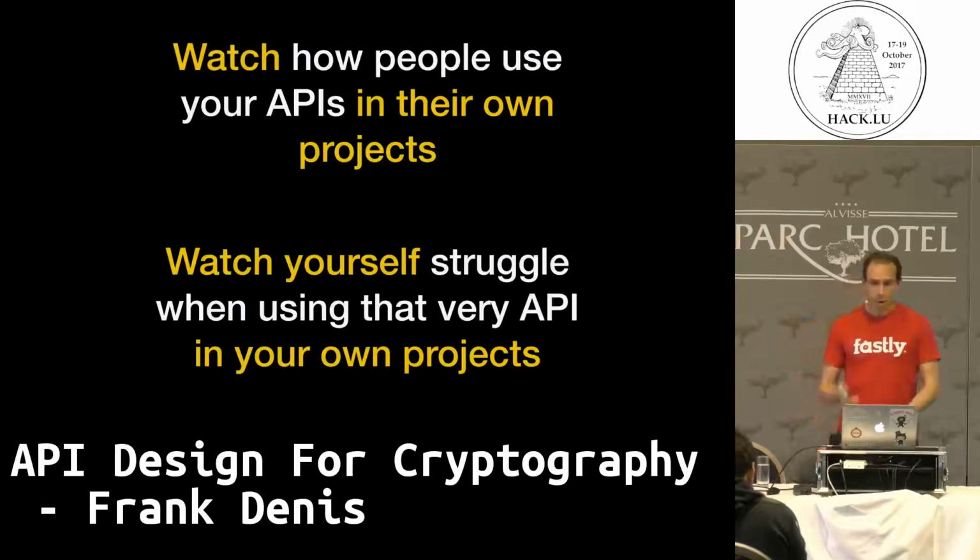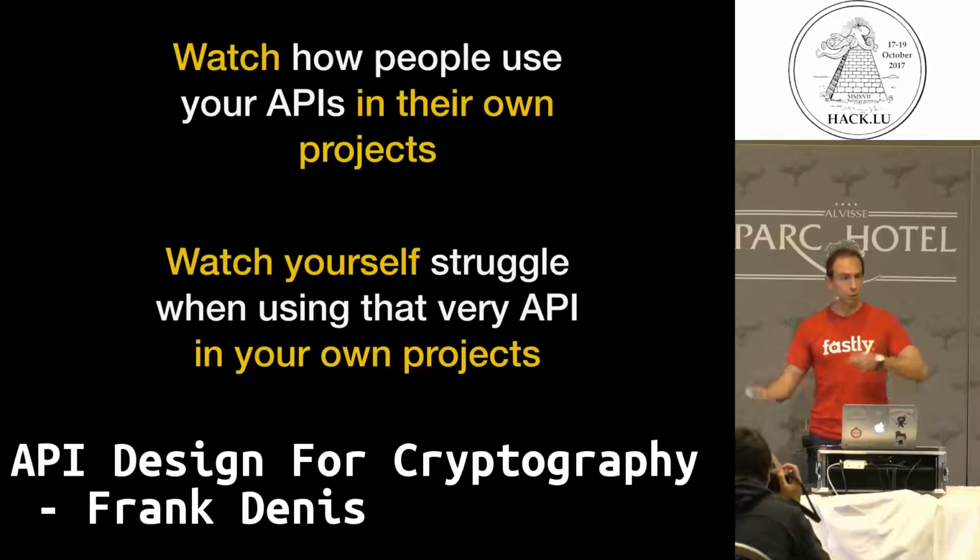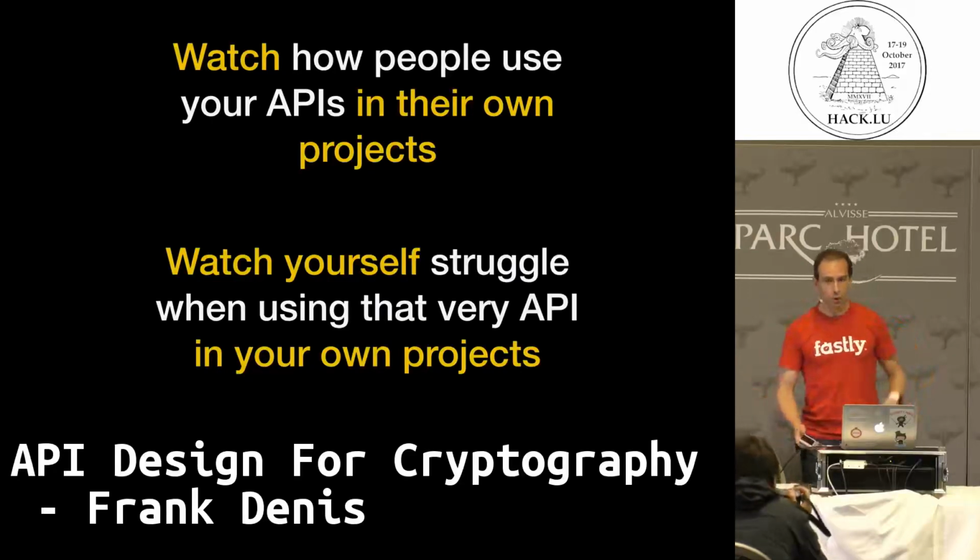And more importantly, watch how people use your APIs in their own projects. Maybe you had something in mind, but people are going to use your code in a very different way that you didn't think about. And watch yourself struggle while using your own code as well.